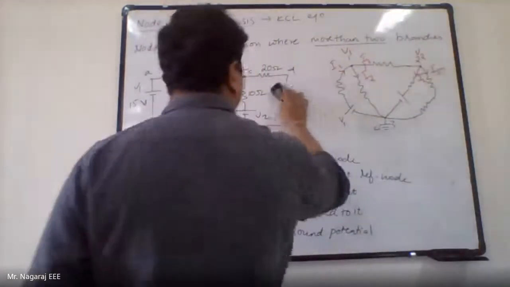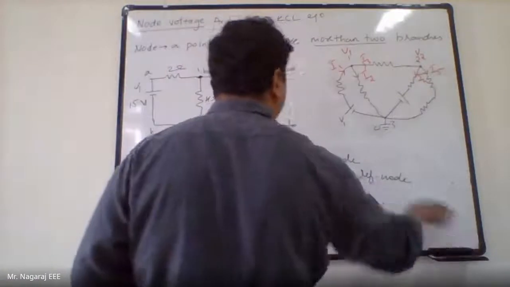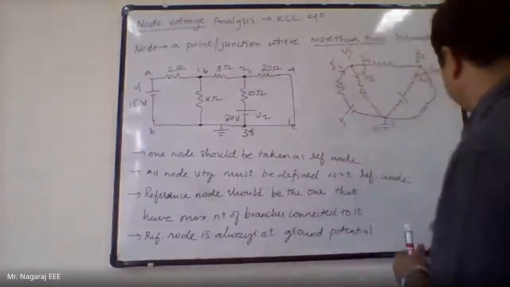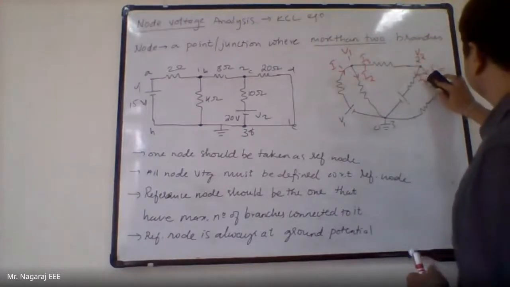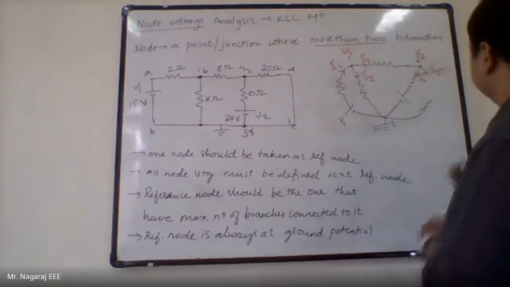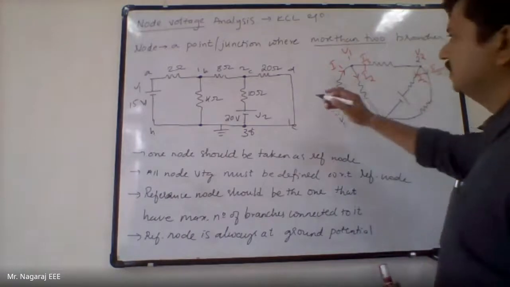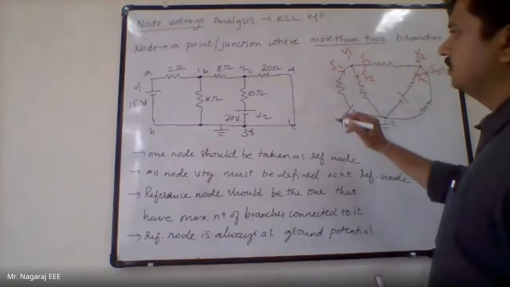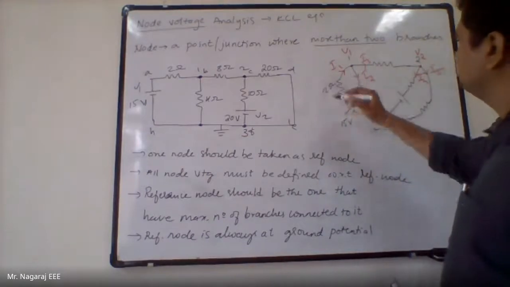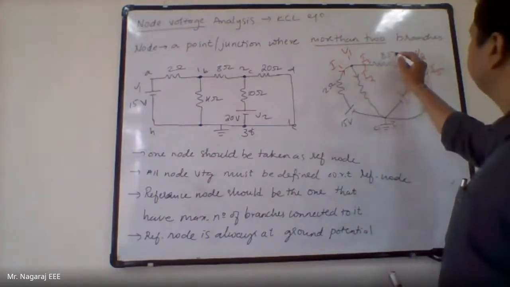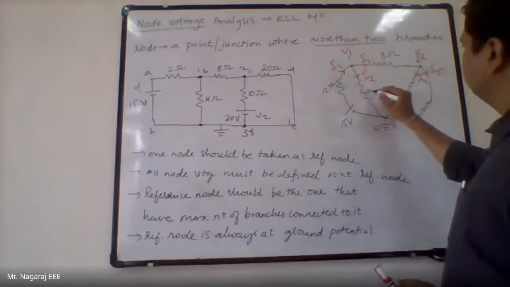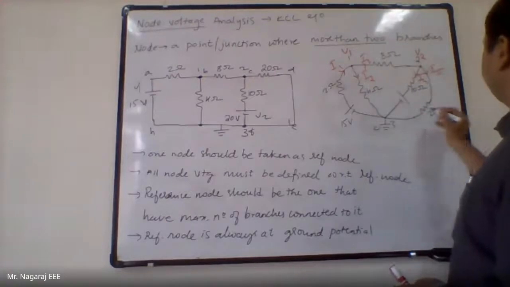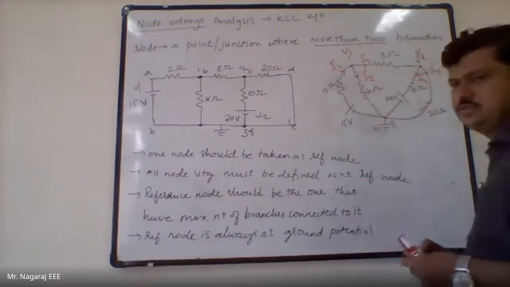I will take only one resistor here, 20 ohms. So this is 15 volts, this is 2 ohm, this is 8 ohm, 4 ohm, 10 ohm, 20 ohm, 20 volts.